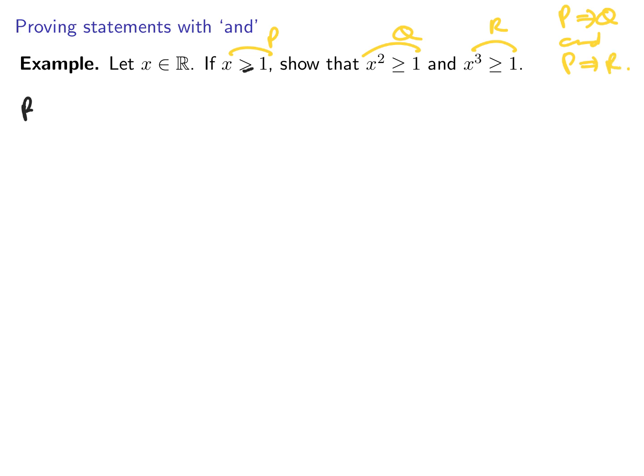Okay. Proof. Let x be in R. Okay. And remember, we're proving implication, so we assume the hypothesis. This is what we want to show. Two things, right? Okay. Let x be in R and assume that x is greater or equal to 1.